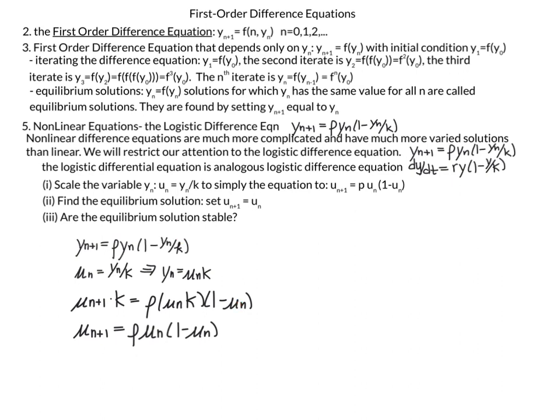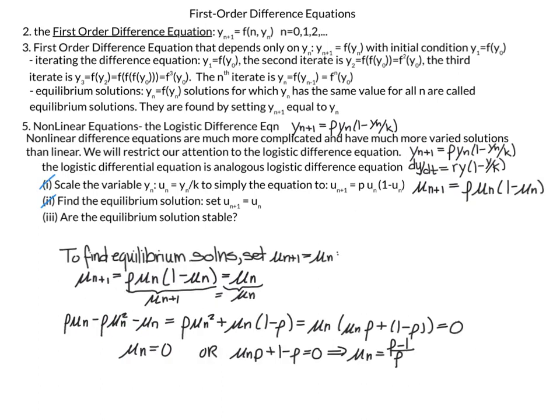So what that is going to give me is mu_{n+1} is equal to rho mu_n times 1 minus mu_n. Now that we scaled our variables and we simplified our equation here, which is the same equation we had on our last slide, I rewrote here: mu_{n+1} is equal to rho mu_n times 1 minus mu_n.